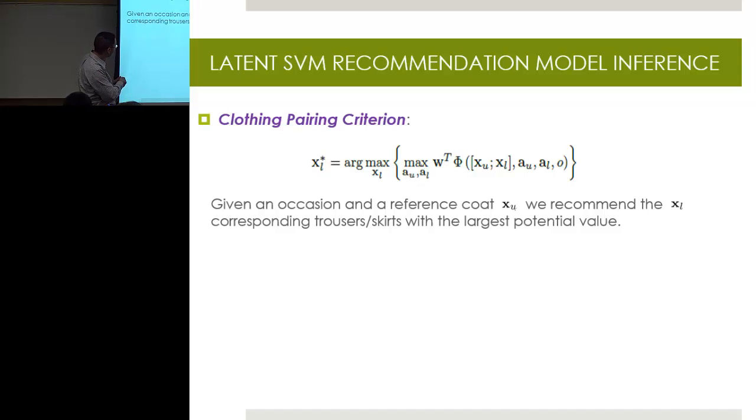So if the upper body clothes is fixed, then you can rank all the lower body clothes and obtain the final ranking list, and then you can return the highly scored clothes to the user for this occasion, to pair the upper body clothes.